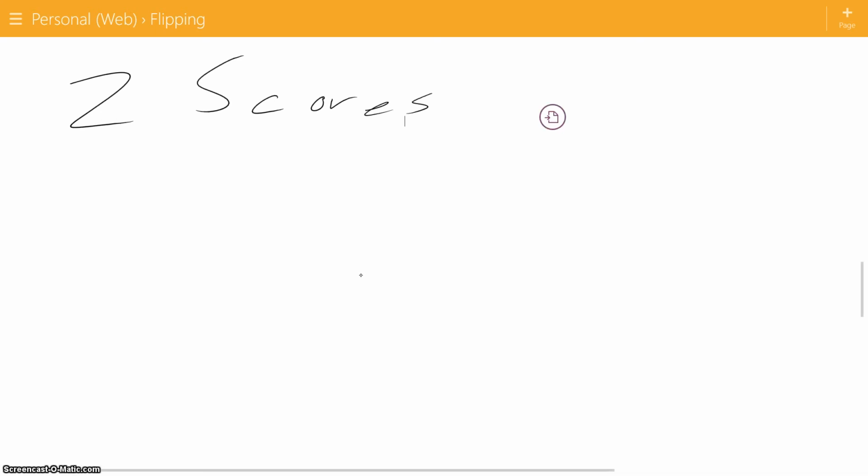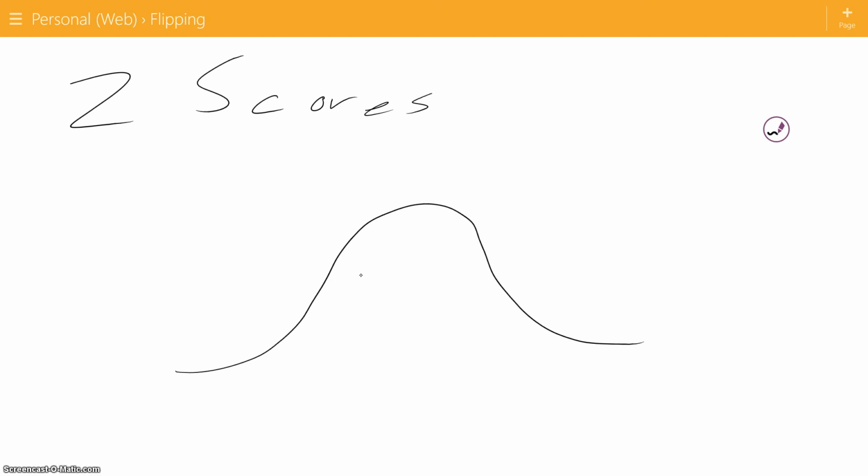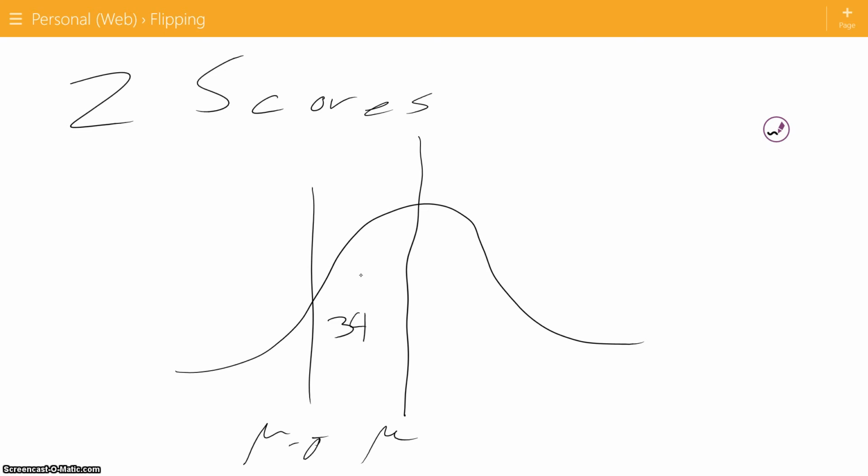So far, we've looked at normal distribution and what that tells us about where exactly the data lies. If we know that right here we've got our average, our mu, and I've got my one standard deviation here to the left, well, I know that 34% of my data values are going to be between the mean and the one standard deviation to the left.